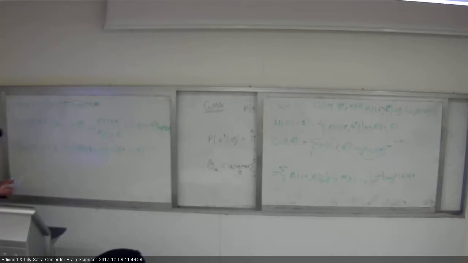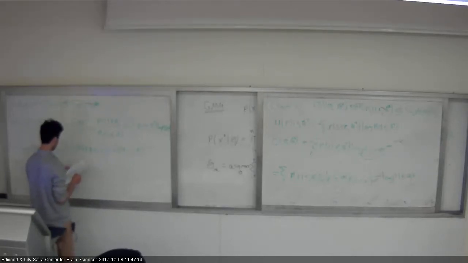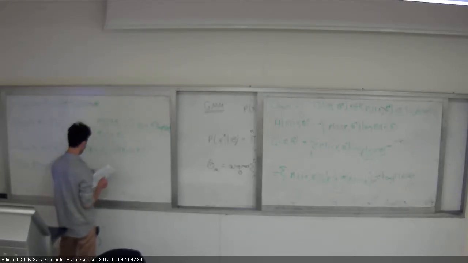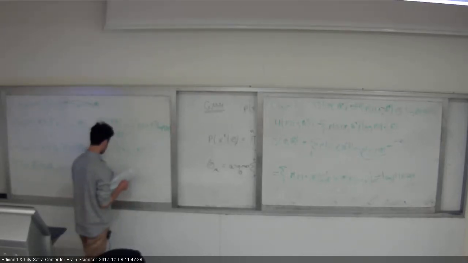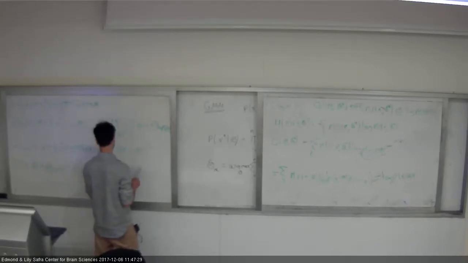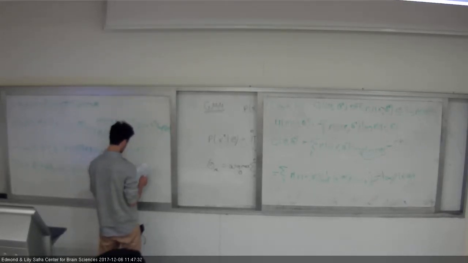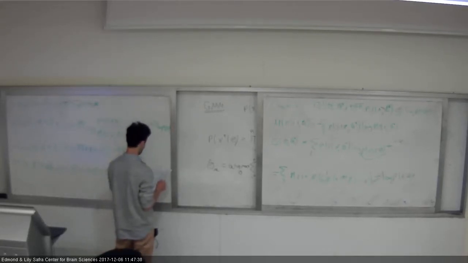So in general we got that Q of theta and theta hat at time t plus the entropy of p of z given x and theta hat is equal to the log likelihood, log of p of x given theta, minus the DKL between p of z given x and theta hat and p of z given x and theta.